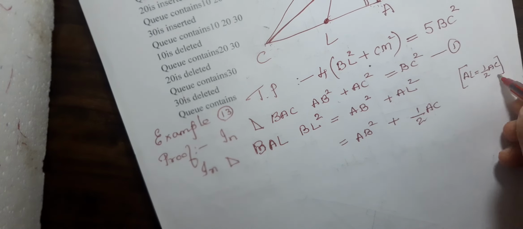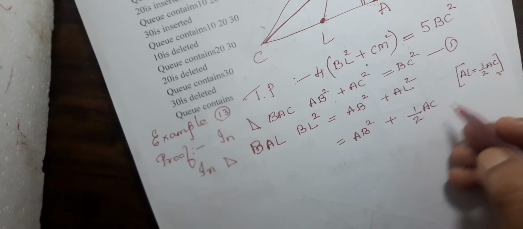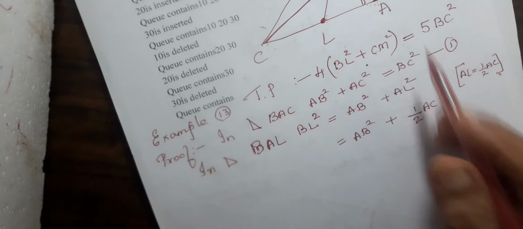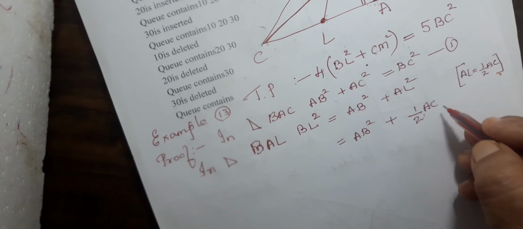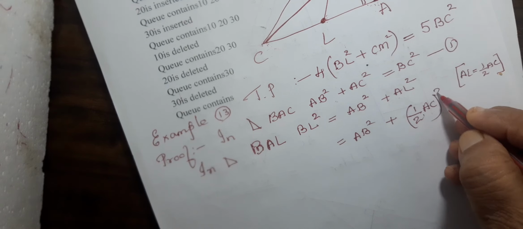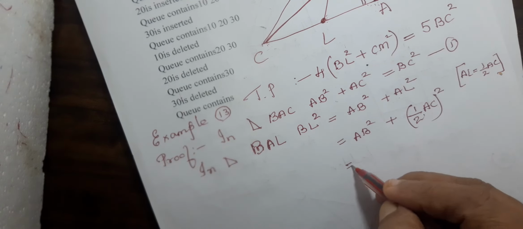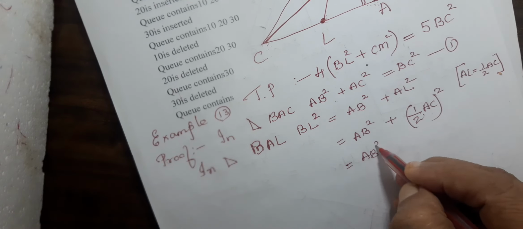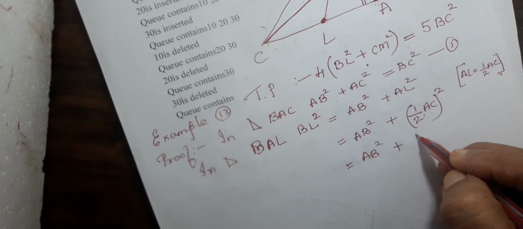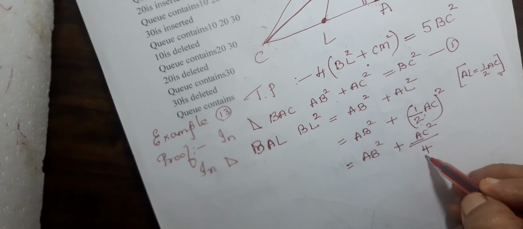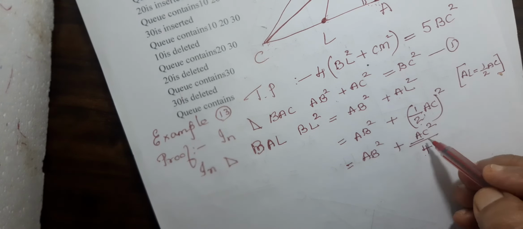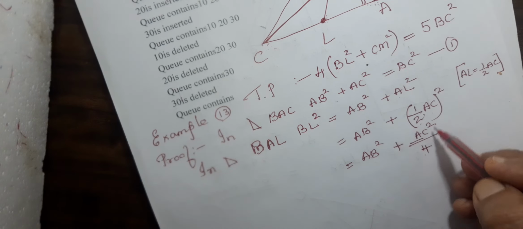So I have written that. I hope you have understood why it is so. Half AC. So see, I have got AL here. So instead of that, I will write half AC the whole squared. Now this is equal to AB squared plus AC squared by 4 I get. Why? 2 the whole squared is 4 there. AC, the whole squared is AC squared.